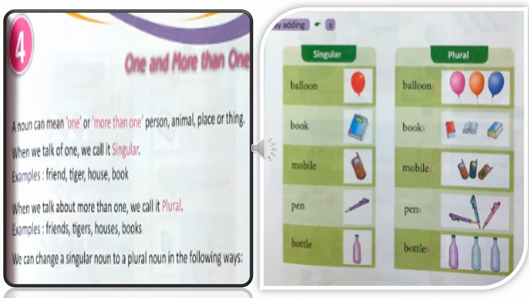There is balloon, balloons, book, books, mobile, mobiles, pen, pens, bottle, bottles. In all these we have added the letter s to the singular, and it represented the plural things, the multiple things, or more than one thing.